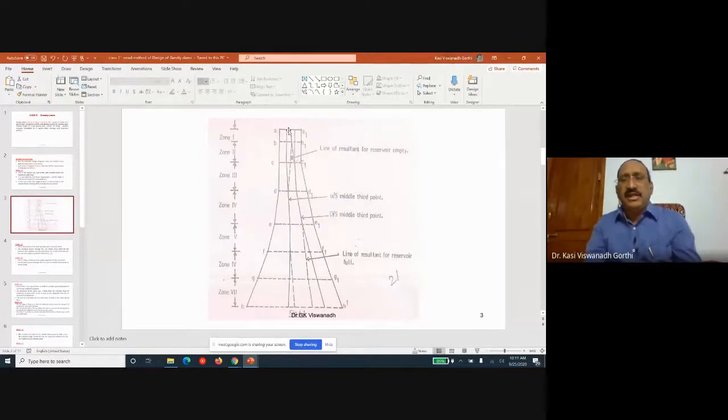So, this is divided into several zones. The basic idea is that when we are designing this gravity dam in terms of zones, each zone must satisfy the stability requirements, which means that the resultant of all the forces must pass through within the middle third point. Then only the dam becomes safe or the zone becomes safe.